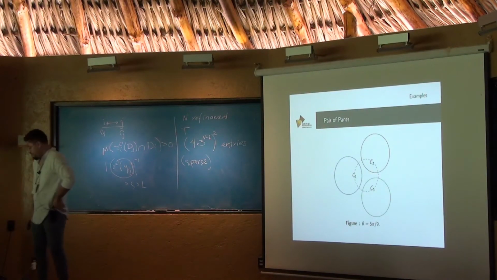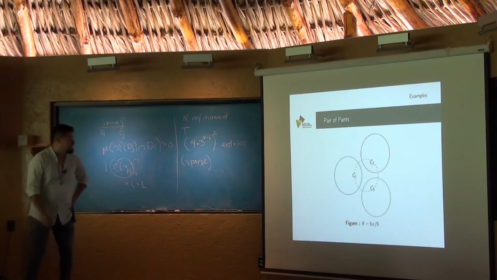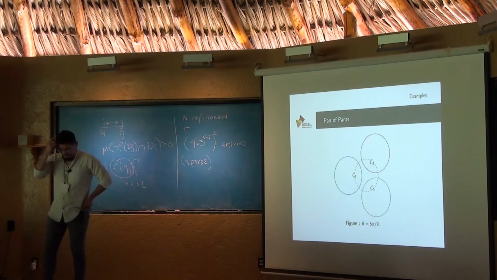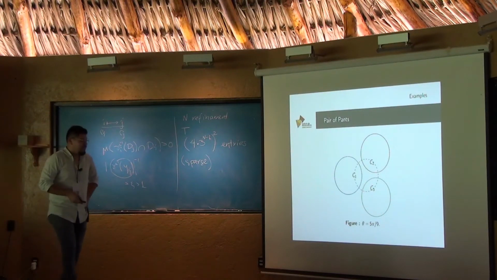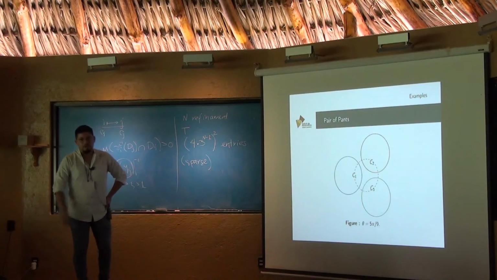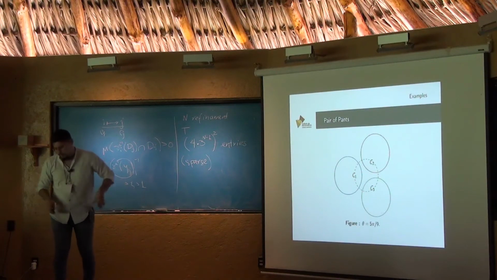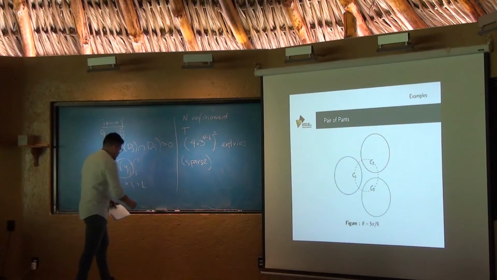I bring some examples, but my computer doesn't work with the HDMI, so I will show you the algorithm. The algorithm that I did works for pairs of bands, that is 3 circles, and these circles have center and radius.